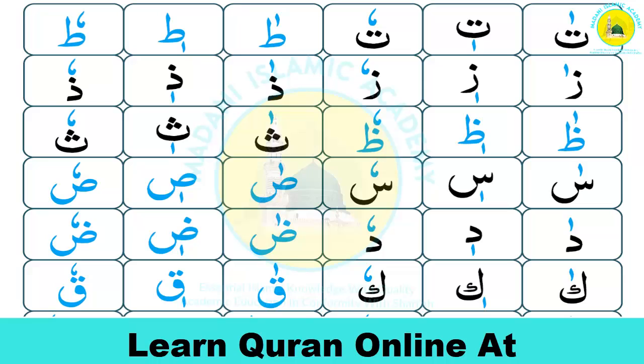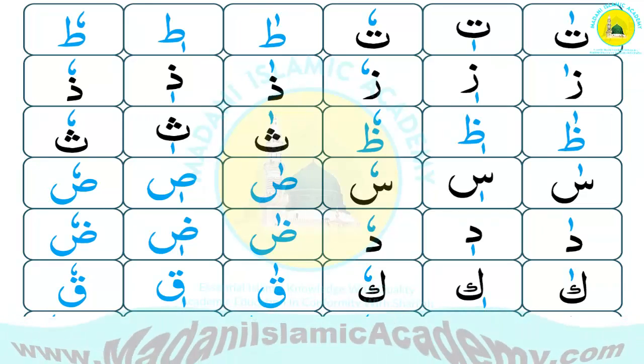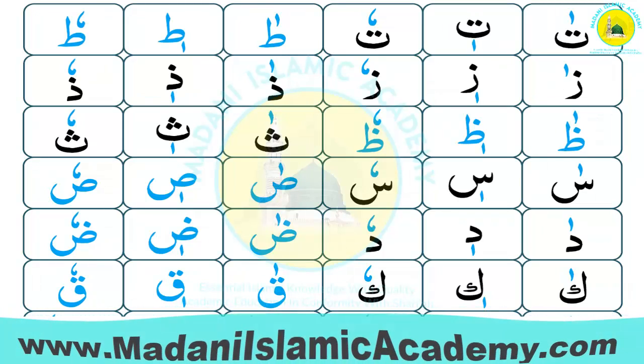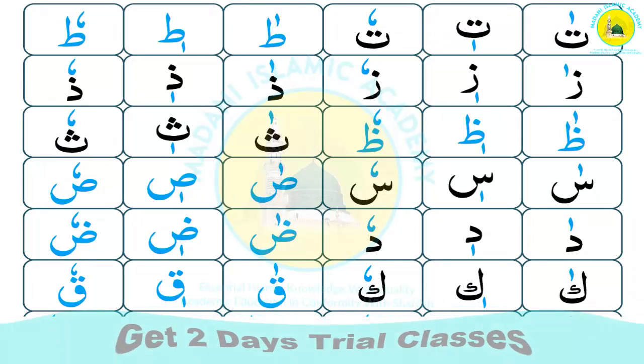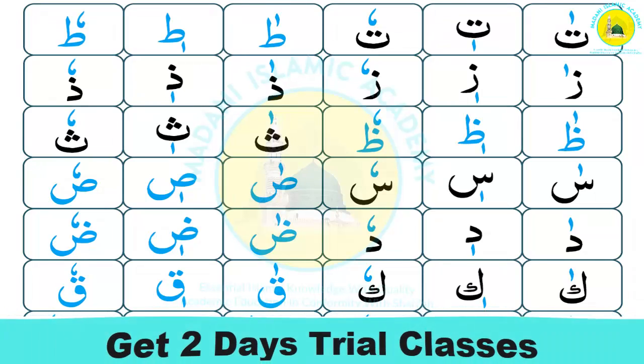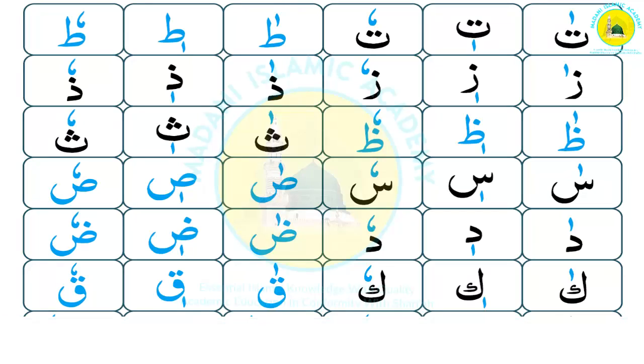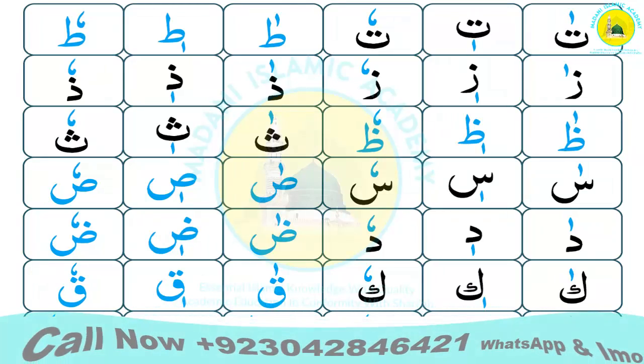The za and the dhal and the za, they all three sound similar, but they are all different letters. Za is a musta'liya. Then the tha, sin and the swad, they all sound similar, but they are different letters. And then the dal and the dad and the kaf and the qaf.